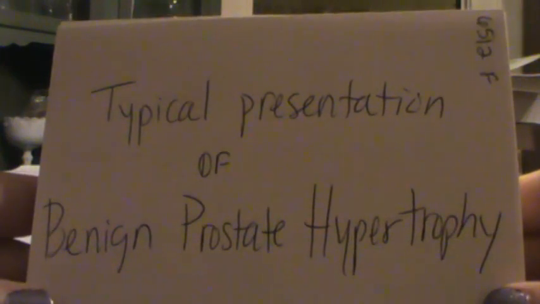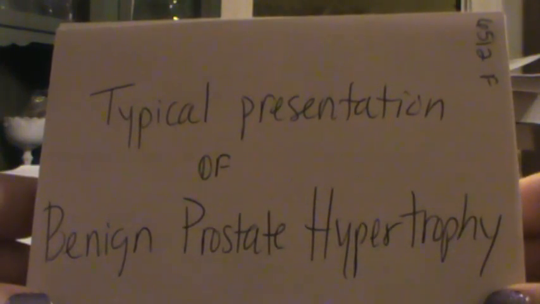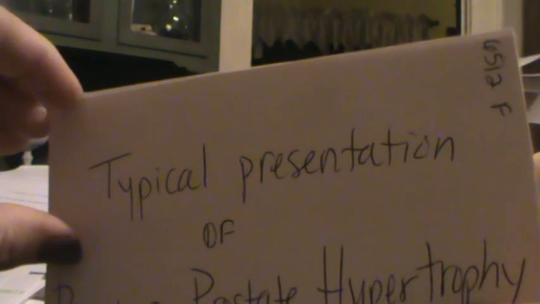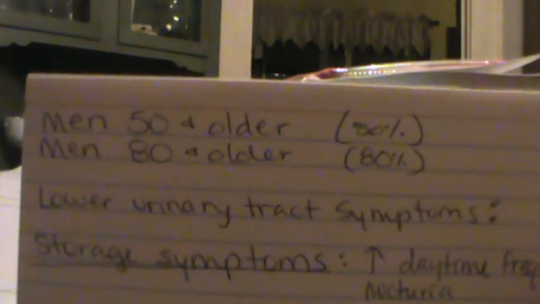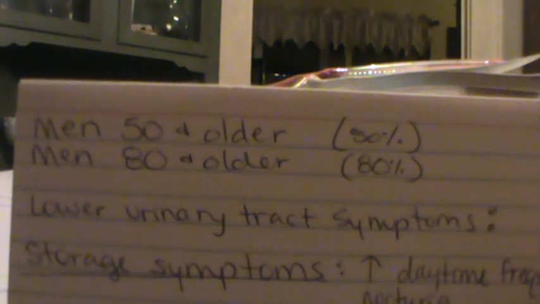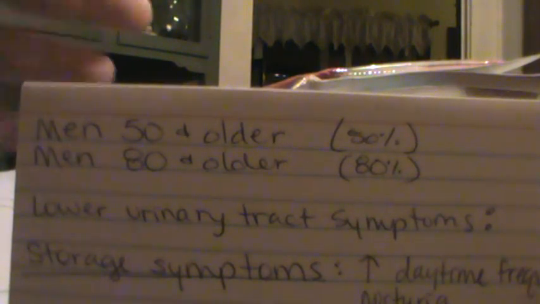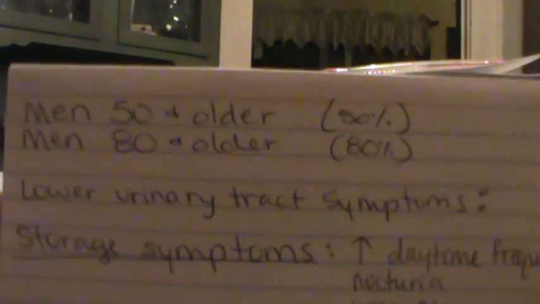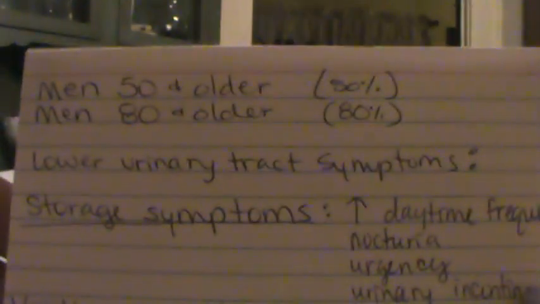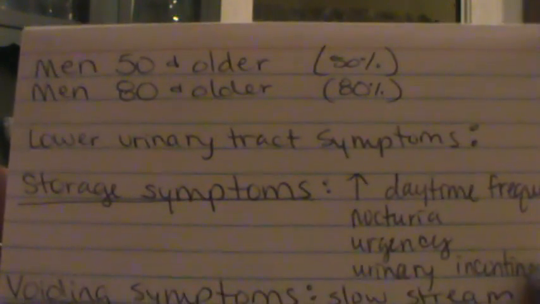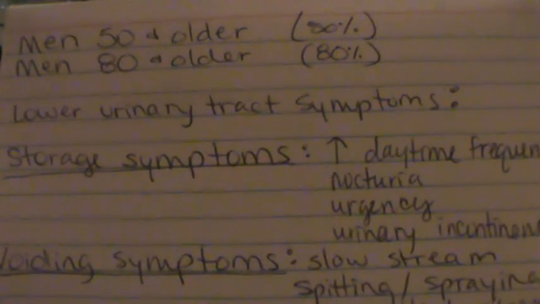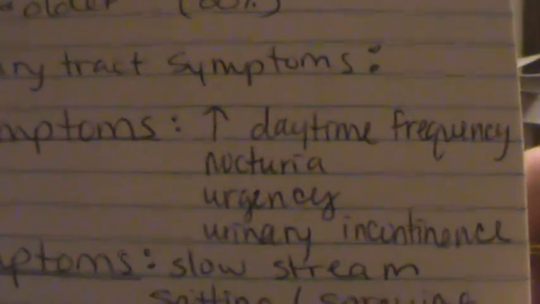Typical presentation of benign prostatic hypertrophy. Men 50 and older are a lot of your patients, but men 80 and older are still more of those patients. They're going to have lower urinary tract symptoms, and those can be broken down into two different categories. Storage symptoms, which means that they're having problems actually storing urine.